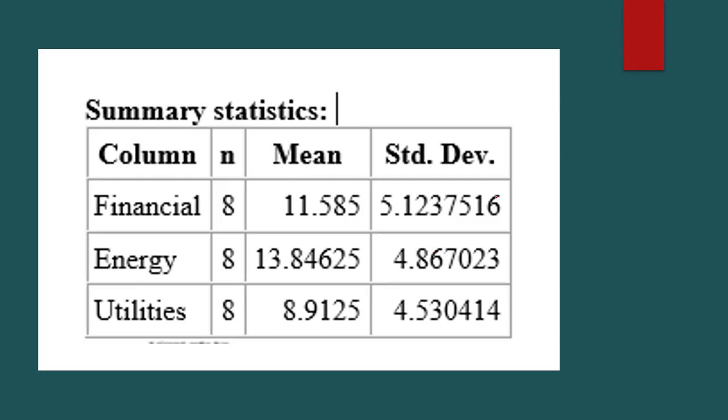In this example, we are given the StatCrunch output for the problem already. We just need to make sure all of the conditions are met. If I look at the standard deviation of the smallest value, we know that it is 4.5, and if I double it, it's clearly larger than all of the other values, so the condition is met for the standard deviation.